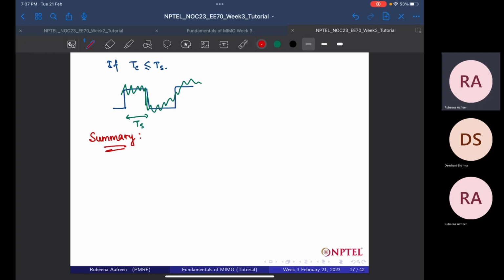How do we calculate coherence time? First, if we are looking for an exact calculation for coherence time, we go to the plot and see where the signal is fluctuating till 90%. So we see the 90% correlation and from there we can take the coherence time.